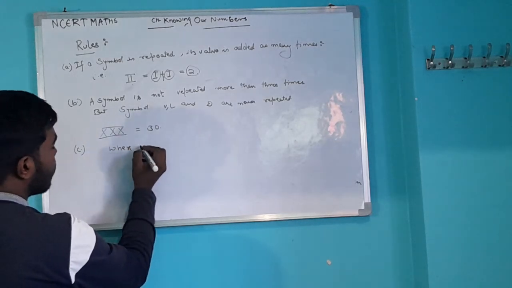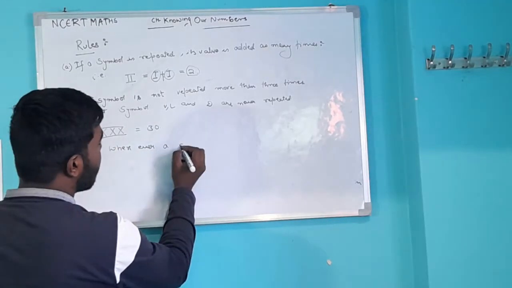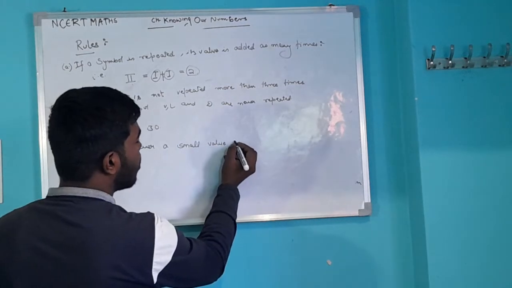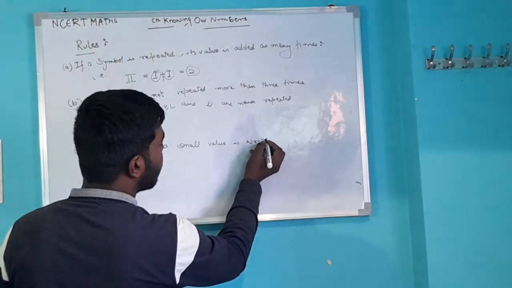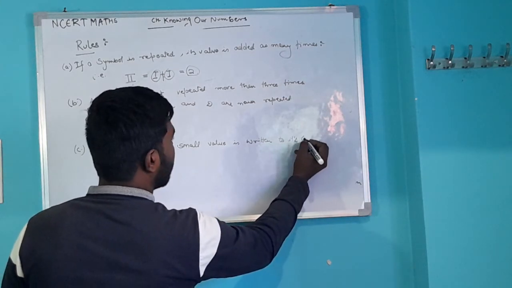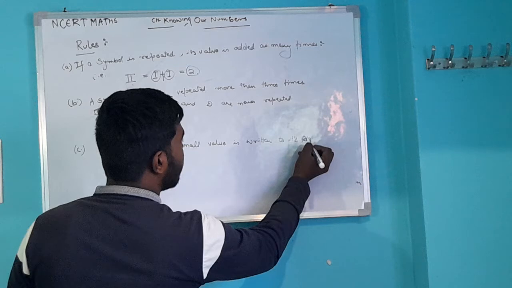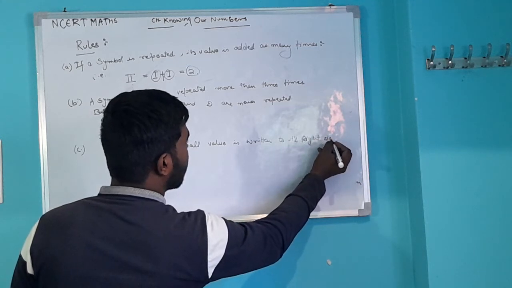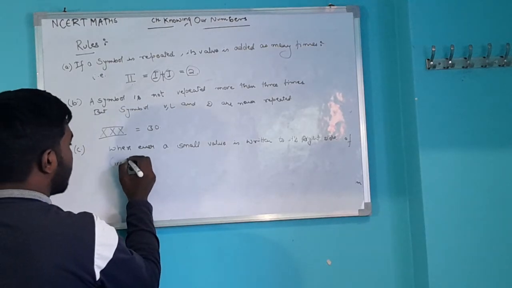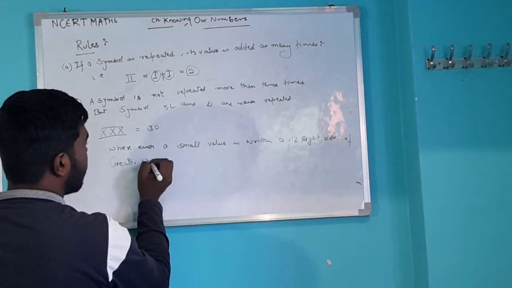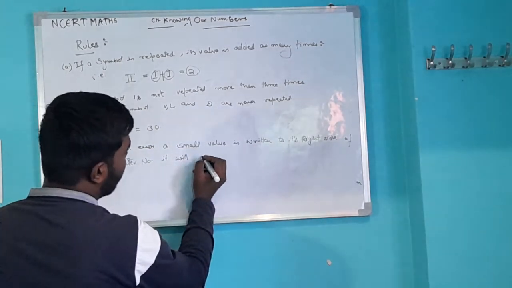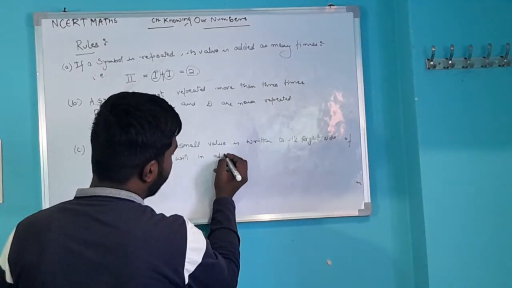Whenever a small value is written to the right side of a greater number, it will be added, in addition form.